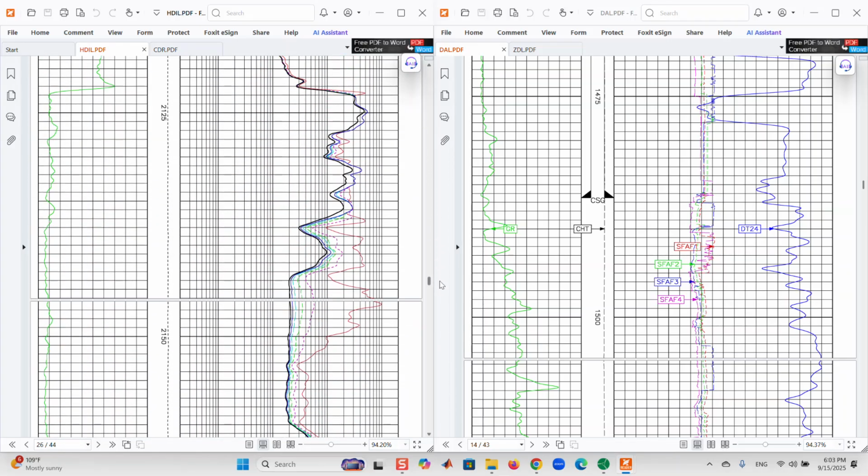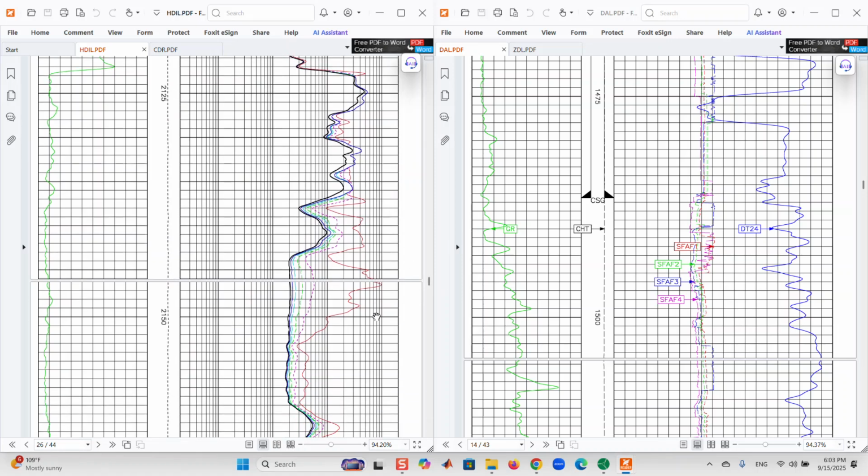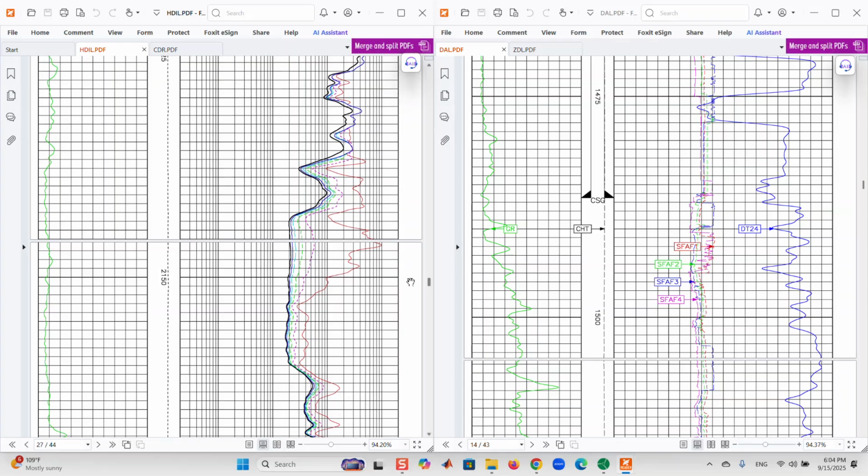These conditions are valid. The high separation between the low depth of investigation resistivity curve and the high depth of investigation resistivity curve shows high permeability of the layer. In this zone, we have high permeability.